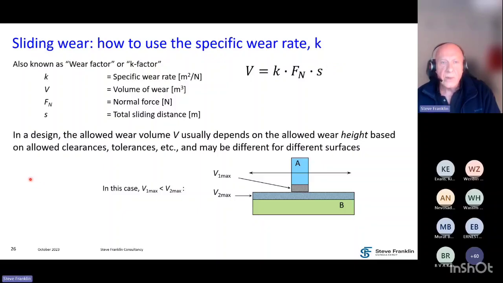And in a design, when we're trying to use this to predict and to design a product, then we have to calculate the allowed wear volume, but that usually depends not so much on the volume, but on the wear height, which is based on how much the component is allowed to wear within allowed tolerances for that particular application. And they may be different for different surfaces, because the two components that are sliding against each other may have different geometries.